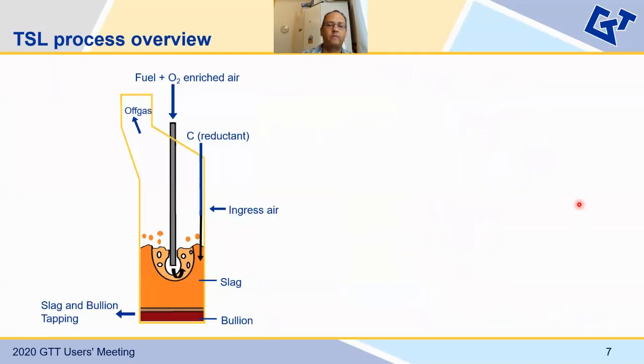So the process occurs like the following. The concentrate plus fluxes are fed into the smelter. Then, by blowing the oxidizing agent, which is air enriched with oxygen, just below the surface of the charge, you form the following products or zones in the furnace.